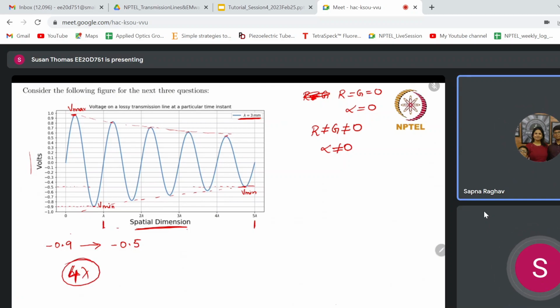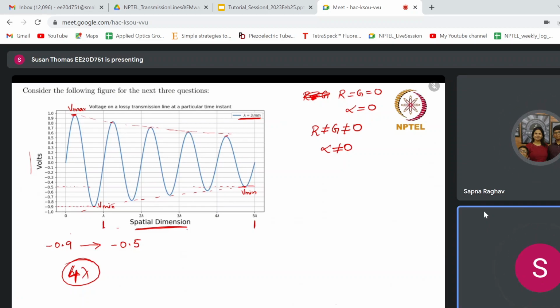So how do we write that as an equation? As I told before, the wave has a decay which is exponential decay. So to write that, minus 0.5 divided by minus 0.9 is equal to e raised to minus alpha z.